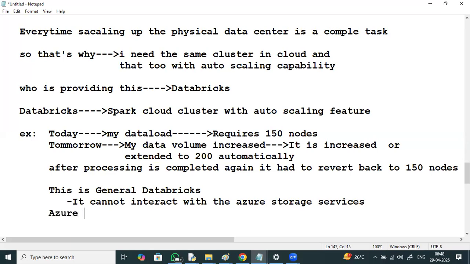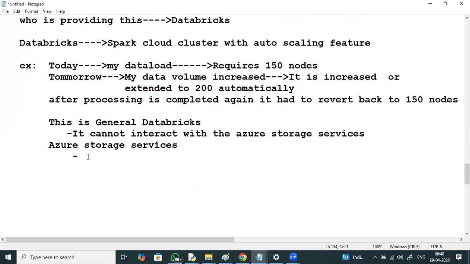What are the Azure Storage Services available? If you want the data structured in a tabular format, we have Azure SQL. If we want the data in the form of files, Azure Data Lake is there. If you want NoSQL, there is Azure Cosmos DB, just like MongoDB.